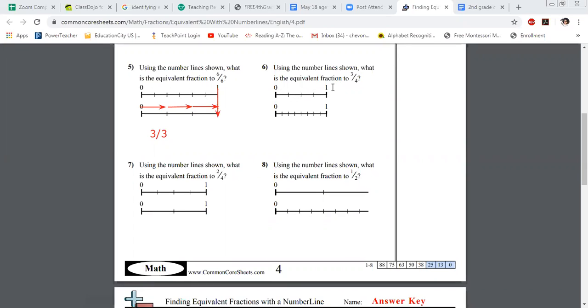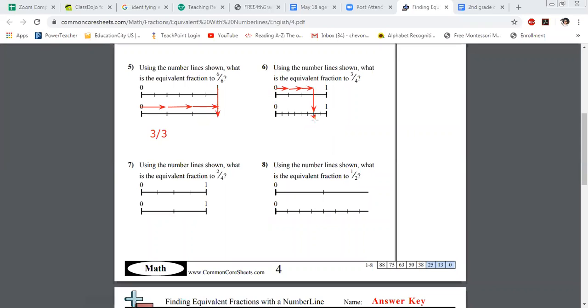Now this one is in fourths. So they want to know about 3/4. So we're going to say 1/4, 2/4, and 3/4. So now let's look and see what the line is that coincides with that 3/4, and it's right there. So let's count these to see what our denominator is. We have 1, 2, 3, 4, 5, 6, 7, and 8.